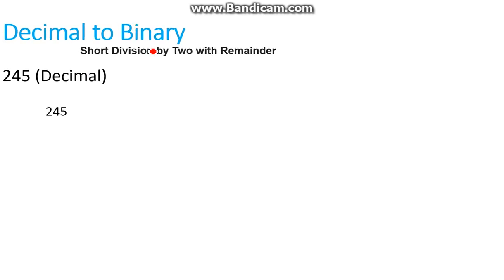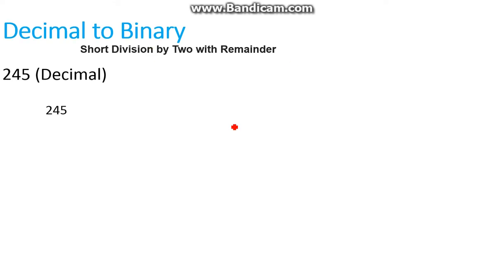Okay? So how do we convert from decimal to binary? Well, it's a short division by 2 with remainders, a repeated procedure. For instance, consider the number 245 in decimal. Divide the number by 2, and you will obtain 122.